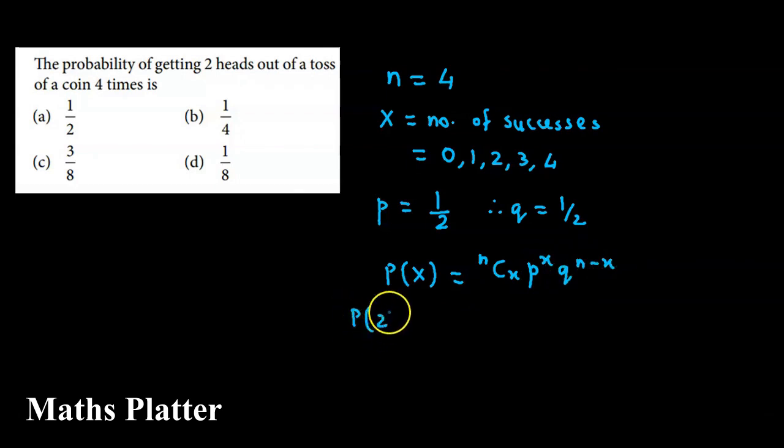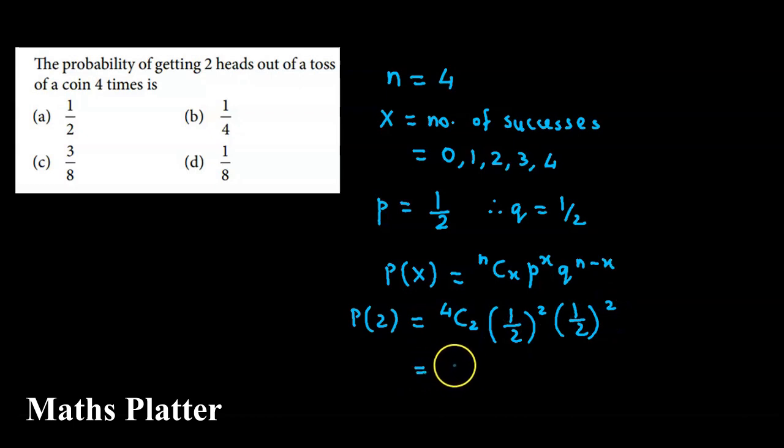So probability of 2 successes is 4C2 into half raised to 2 into half raised to 4 minus 2, which is again 2. ये सिंप्लीफाई करते हैं तो ये आएगा 4 into 3 upon 2 into 1 into half का स्क्वायर 1 by 4, again half का स्क्वायर that's 1 by 4. 4 और 4 कैंसिल आउट करते हैं, then 3 1s 3 and नीचे 2 4s आता है 8.